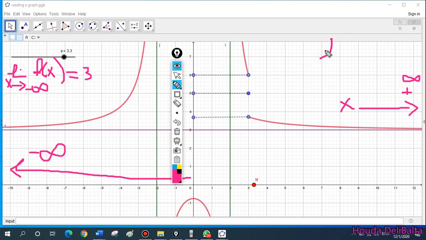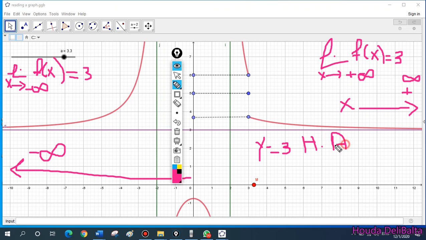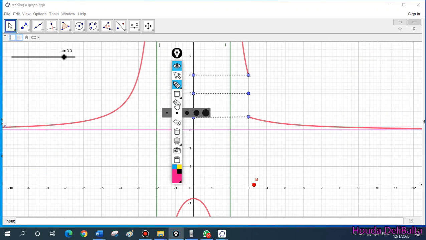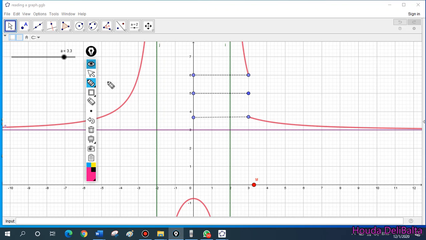So again, the limit as x tends to plus infinity of f of x is also equal to 3, and thus there is one horizontal asymptote for this curve, which is y equals 3. Now let's talk about the vertical asymptotes of this curve.